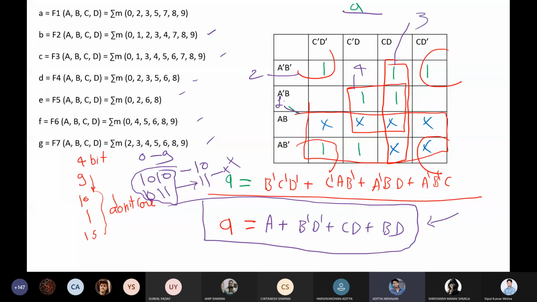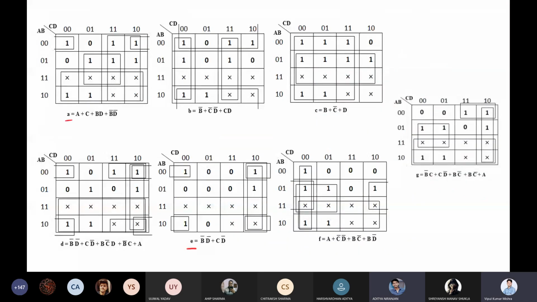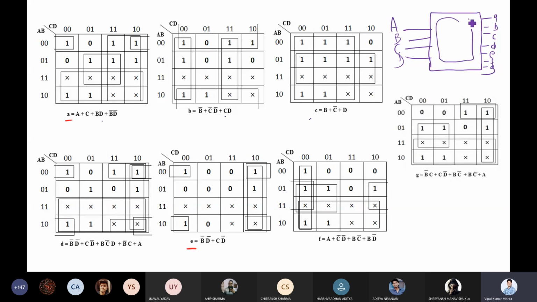Now based on that you can make the function for A, then similarly functions for B, C, D, E, F and G. Once you have all the functions, you can make a circuit for that, and the circuit will be like a black box that will have 4 inputs, A, B, C, D, and 7 outputs: A, B, C, small d, E, F and G. The entire circuit will be placed in this box.